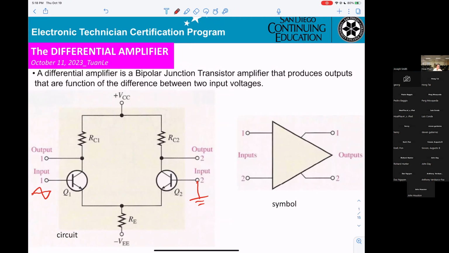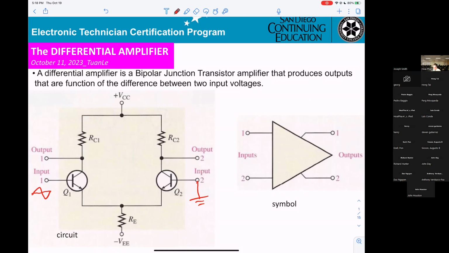That means we apply only one input. First thing, you tell me what is the name of the amplifier Q1? Common collector, common base, or common emitter? Common emitter.